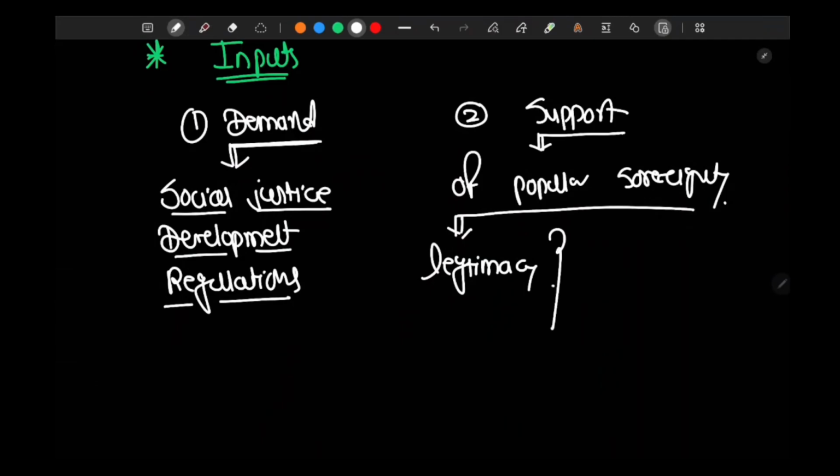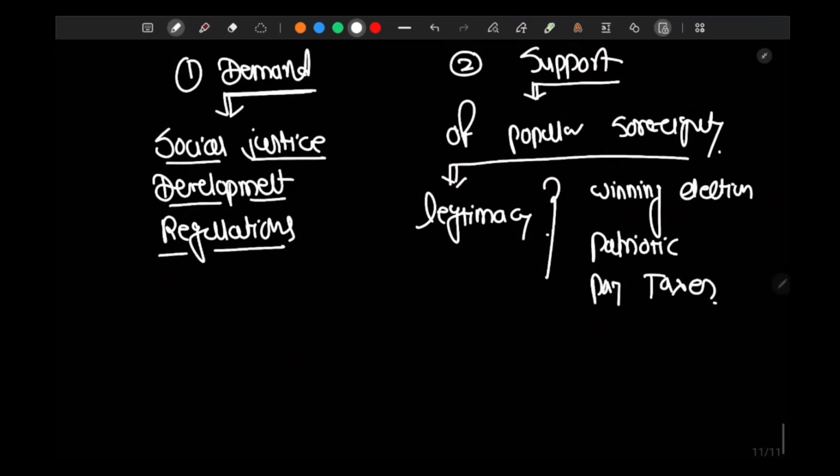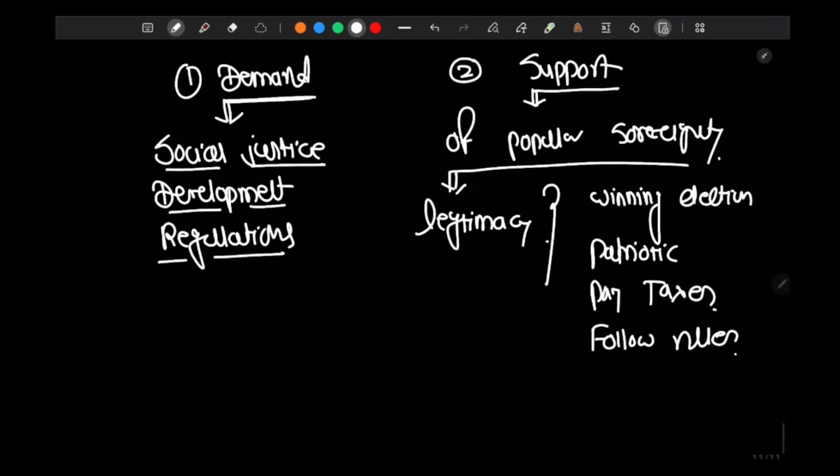You see it by winning elections. People are patriotic. People pay taxes. People follow rules. This is how people show support to a political system.